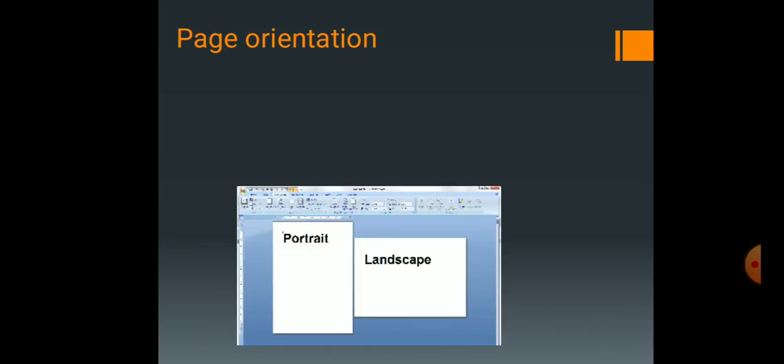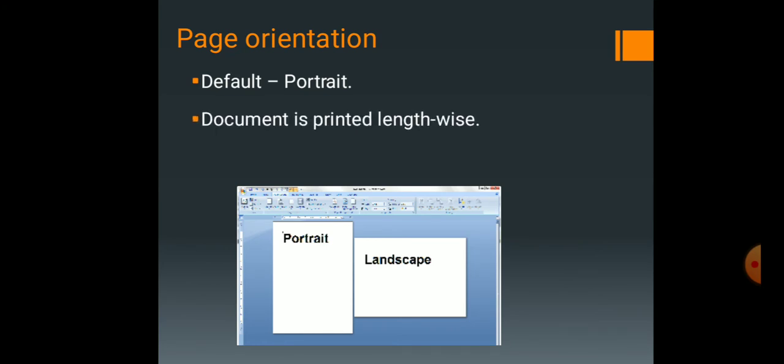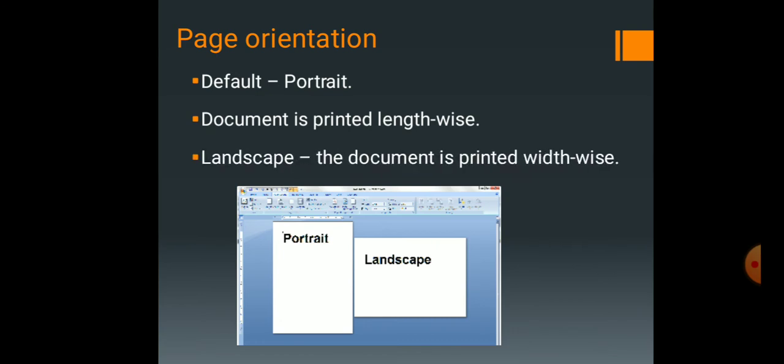By default in our Word document, the orientation will always be portrait. That is, the document will be printed lengthwise. We have seen the page height, so in vertical position, that is what is called lengthwise. In that position, the printout is taken. If we use the landscape option, the document will be widthwise.